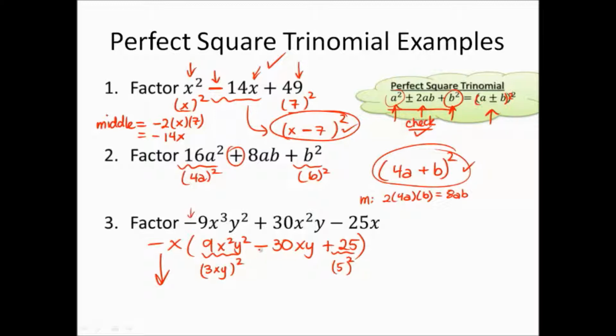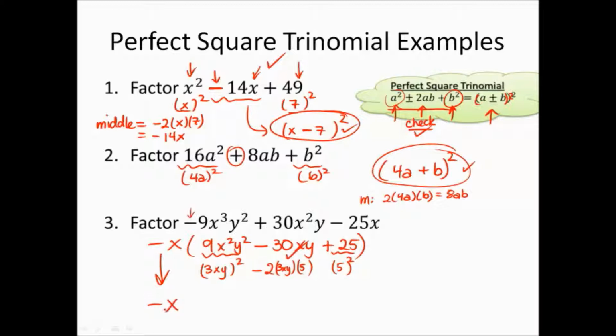Okay, now let's check the middle term. The middle term should be minus twice the first times the last. Let's see if our first times our last gives us our middle term. 2 times 3 times 5 is 6 times 5 is 30xy. It is. Hey, look at that.